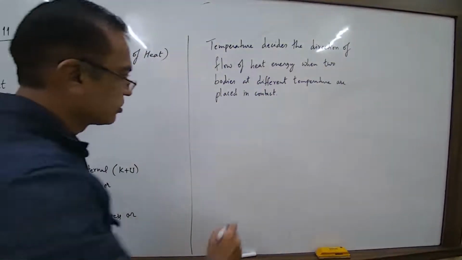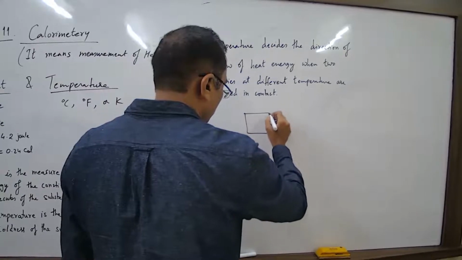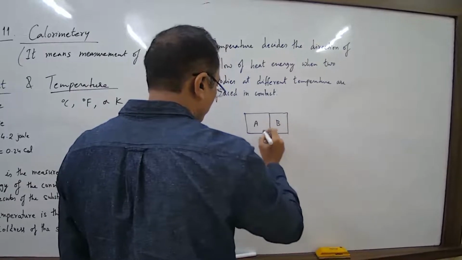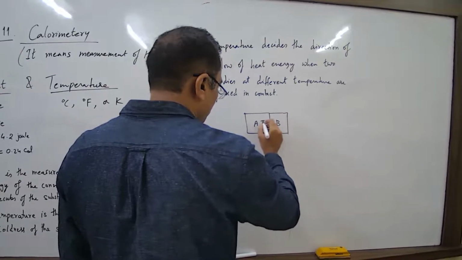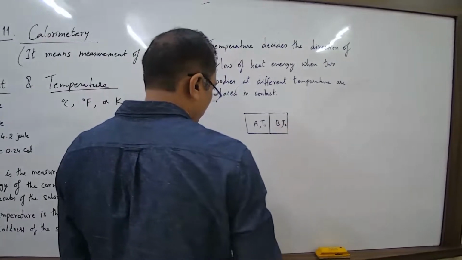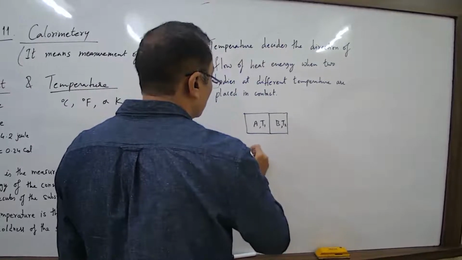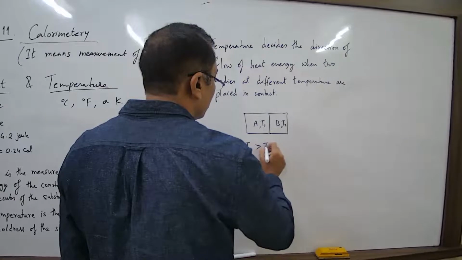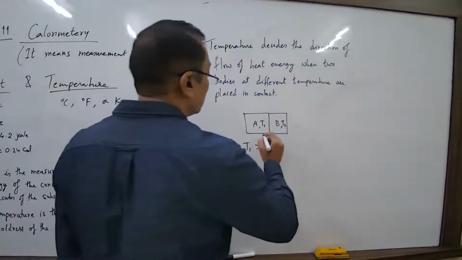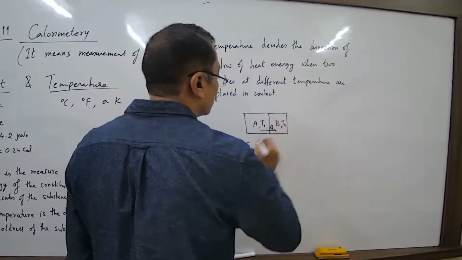So suppose you have two bodies A and B. A is at temperature T1, B is at temperature T2. If T1 is greater than T2, then in what direction will heat flow? In this direction. What is Q?